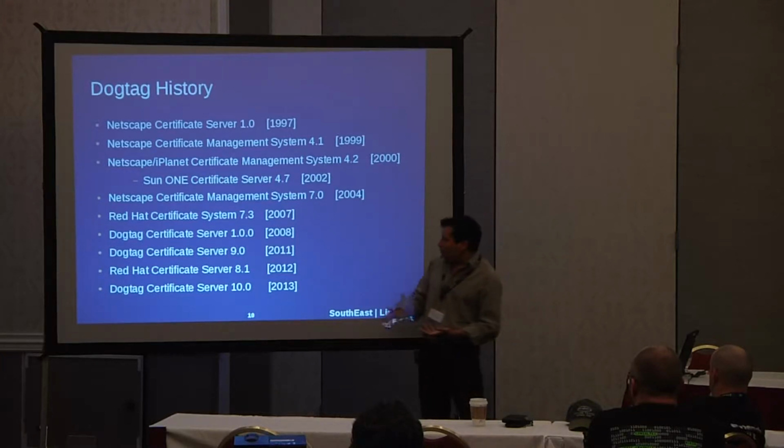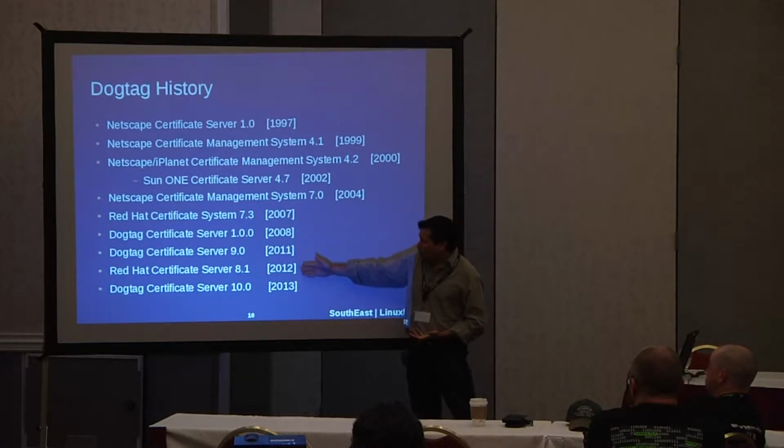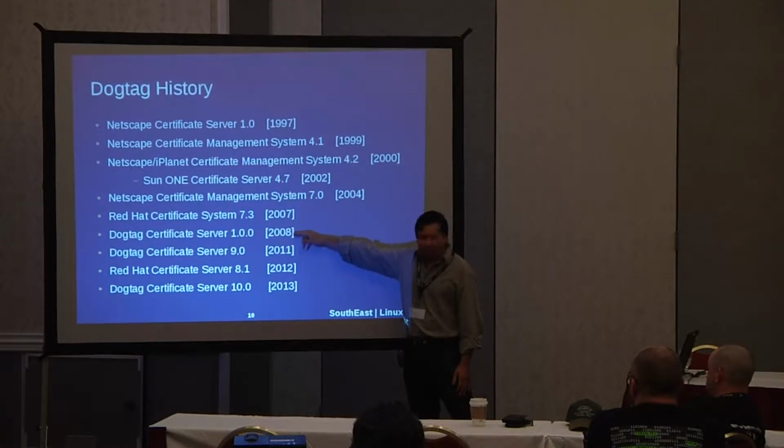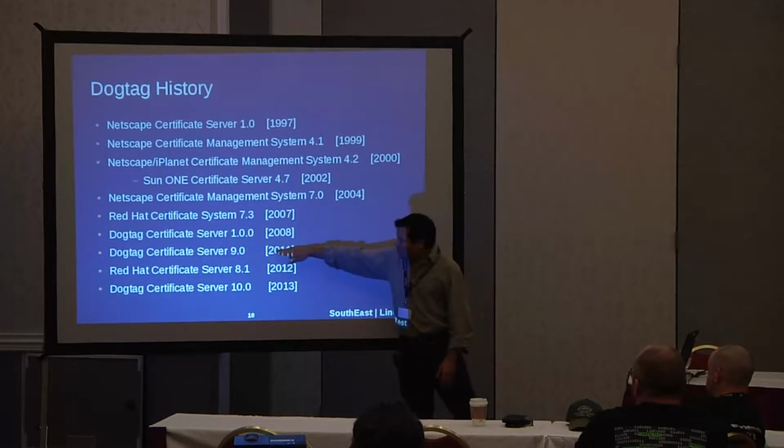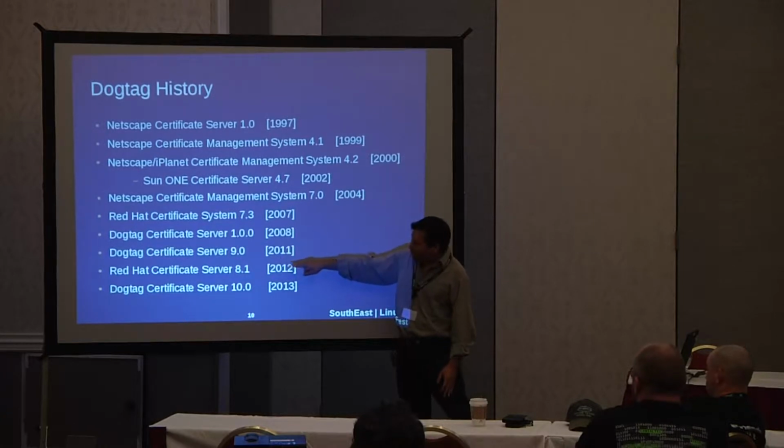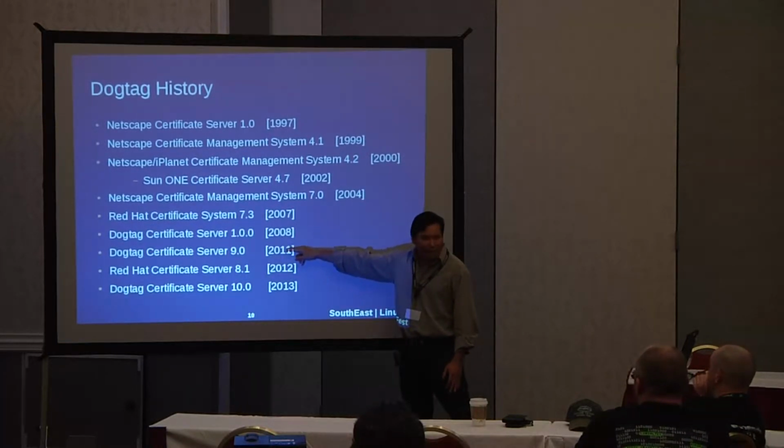So, for example, as we're going through here with the different releases, I'm skipping a bunch of releases here. We decided at one point to have Red Hat Certificate Server 8.1 based on Dogtag 9.0.